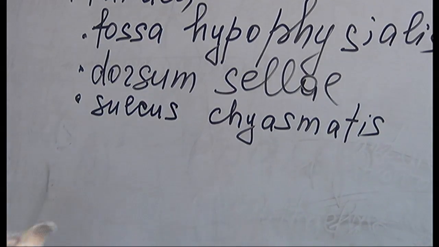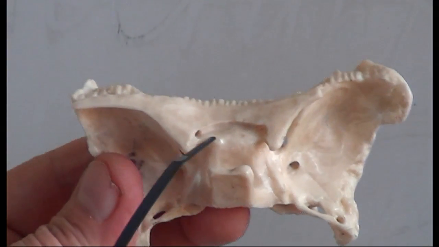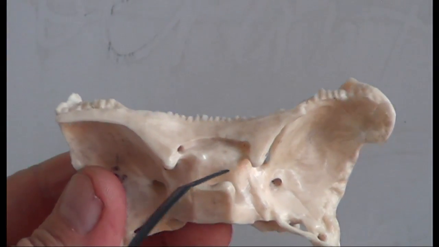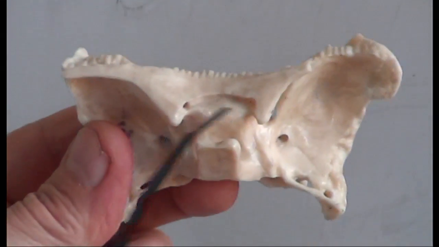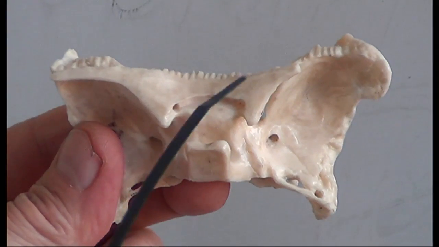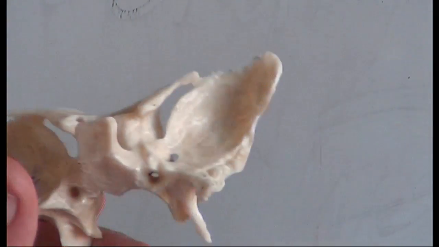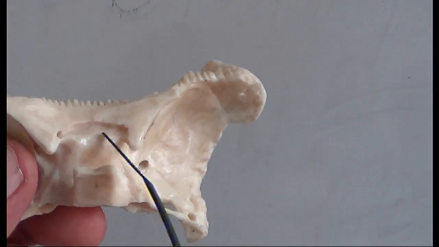And if it is sulcus chiasmatis, so posteriorly to it we can find tuberculum anterior. Sulcus chiasmatis and tuberculum anterior.